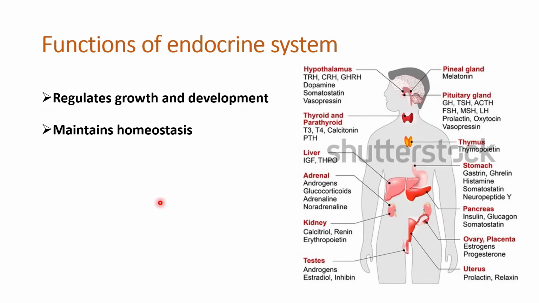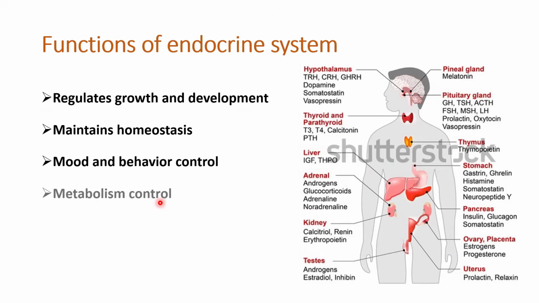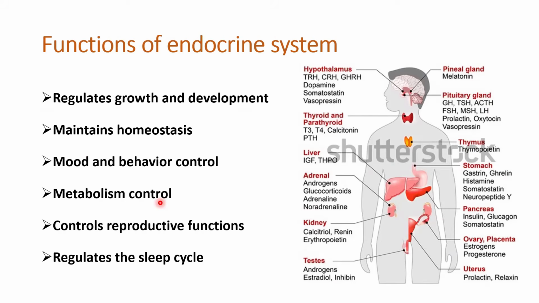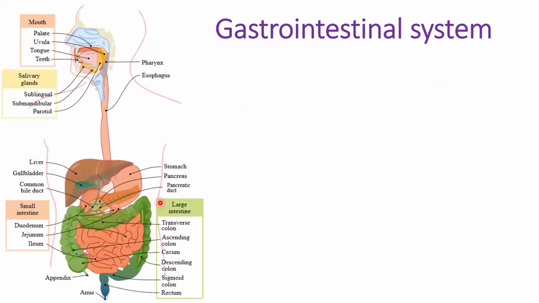Maintains homeostasis, a function of cortisol. Mood and behavior control: we talked about dopamine and serotonin. Metabolism control, cortisol. Controls reproductive functions, which is now the androgens, testosterone, estrogen, progesterone. Regulates the sleep cycle, majorly melatonin produced by the pineal gland.